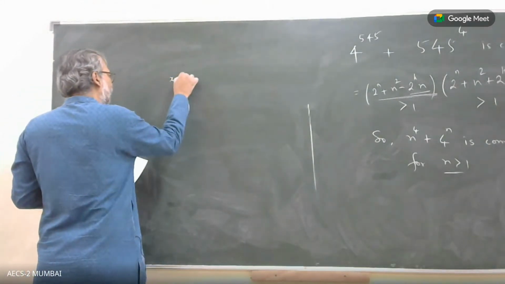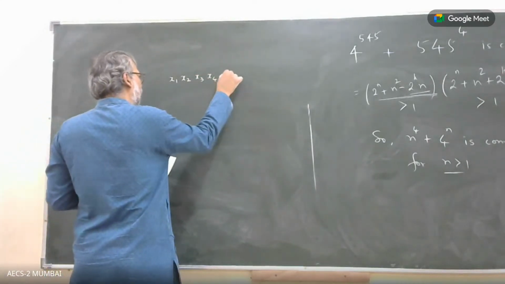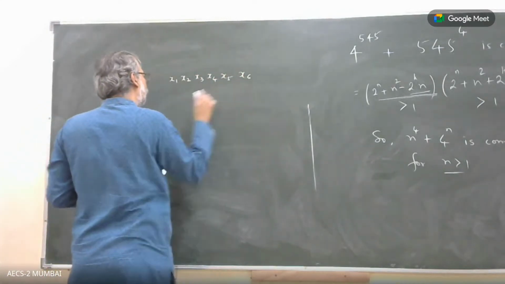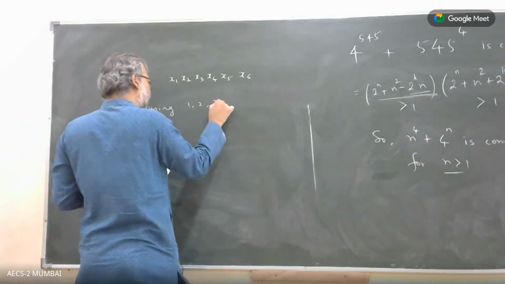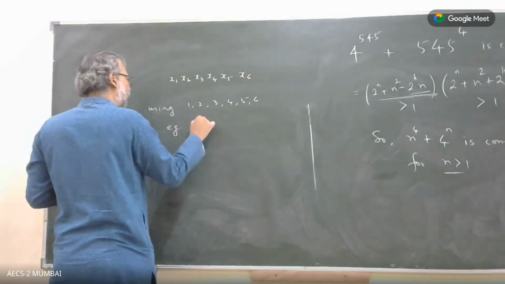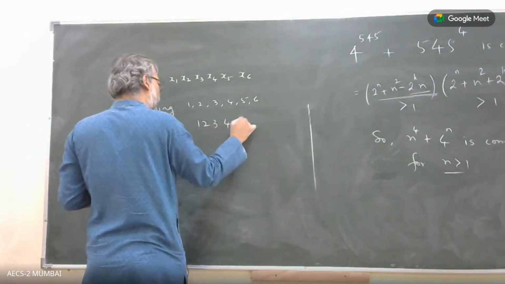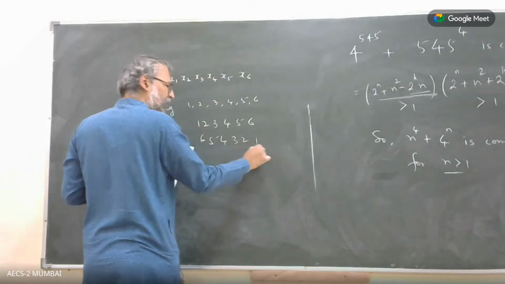First digit is x1, second digit is x2, third is x3, then x4, x5, x6, using digits 1, 2, 3, 4, 5, 6 exactly once. For example, my number may be 1, 2, 3, 4, 5, 6, or it may be 6, 5, 4, 3, 2, 1, anything.